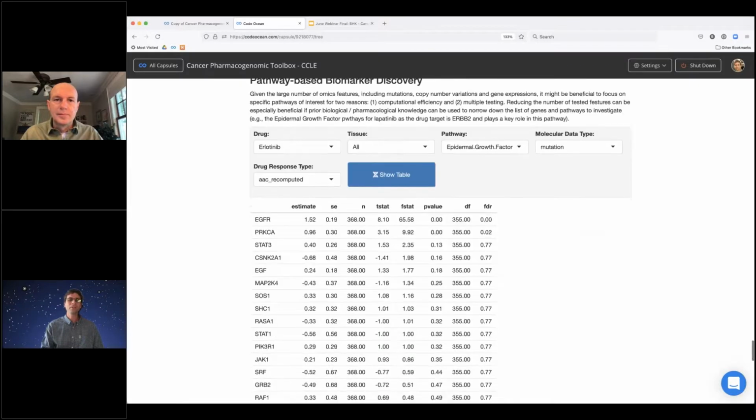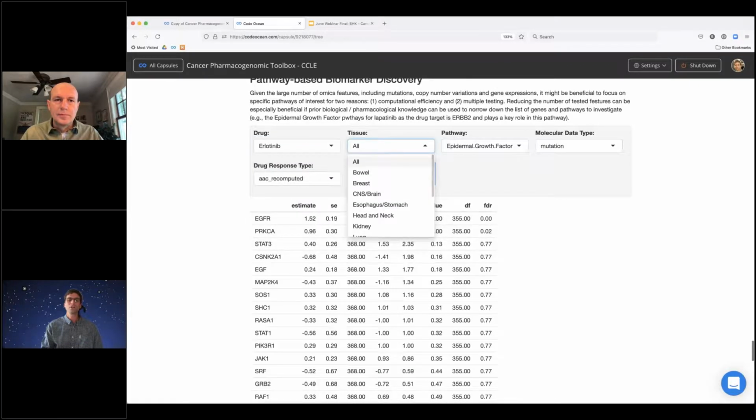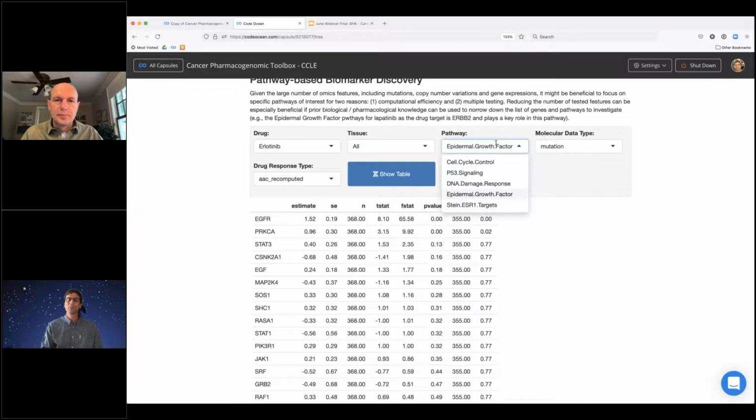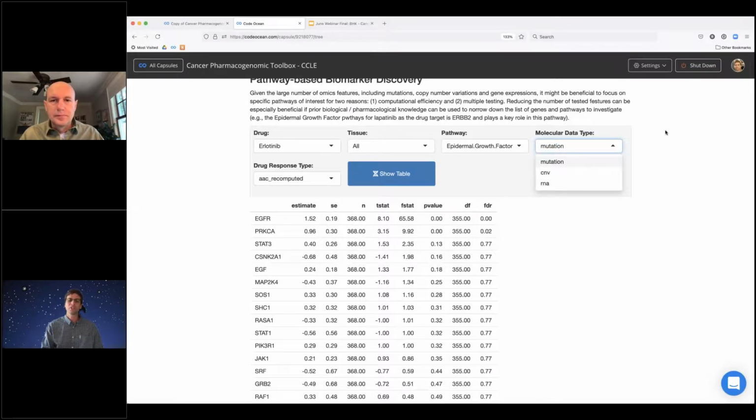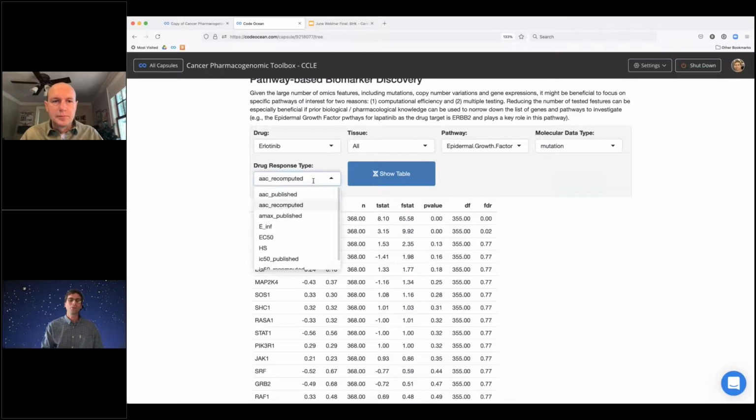And you can see here, you can choose the drug, you can choose whether you want all the cell lines or specific tissue types, some pathways of interest, just to make it super quick to compute, and then whether you want to focus on mutation, copy number variation, or gene expression, and which type of drug response summary you want to use. So in that case, we use the area above the curve that we recomputed within PharmacoGx.